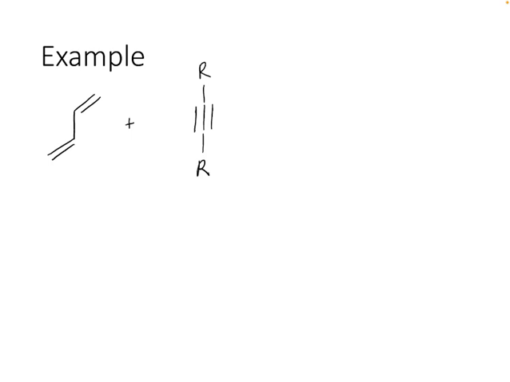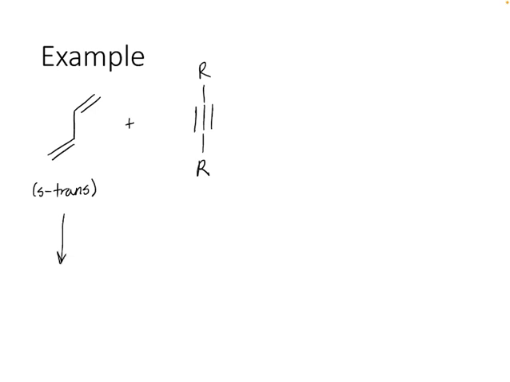Okay, so let's talk about this one because notice that the diene is in the S-trans configuration. But remember, if we have an open chain system like this one, those bonds can rotate given enough energy.